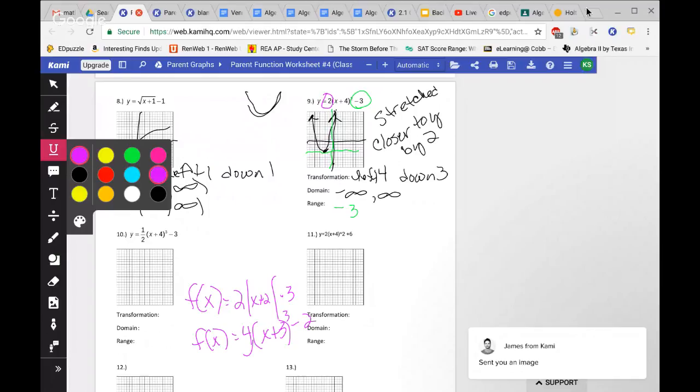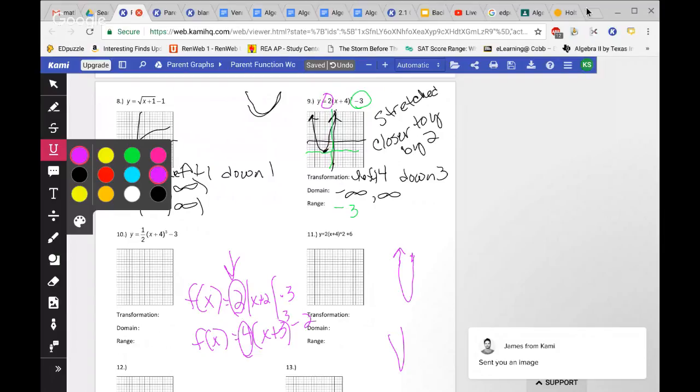This number right here, outside the absolute value or outside the parentheses, outside the square root symbol, would make it skinnier. So it stretches it up. Or if it was an absolute value, the absolute value is going to be skinnier. So this stretches it or moves it closer to the y-axis.